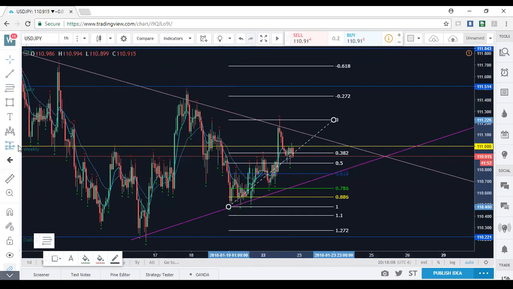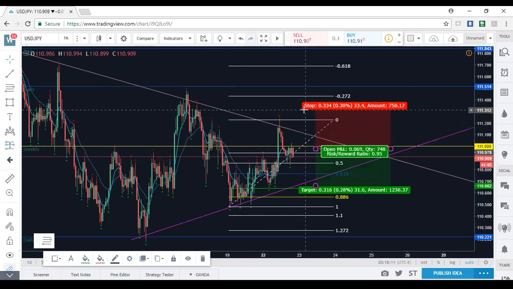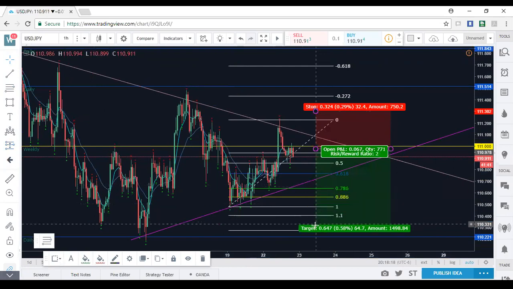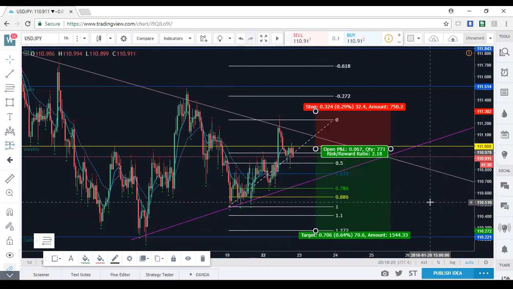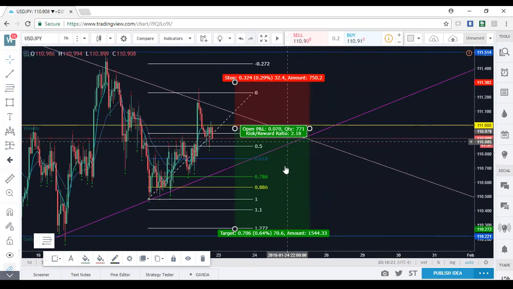All right. So here's the setup on this though, guys. On this short position, we entered in, I believe, up here. Stop loss goes right up there. First TP right there. It's a little bit over a 2-to-1 risk to reward ratio. I mean, reward to risk ratio, right?